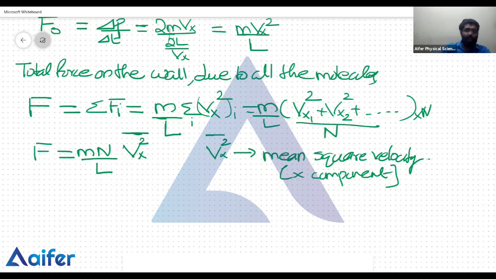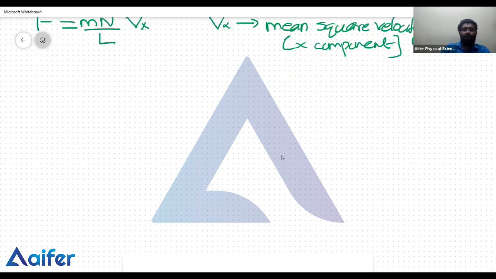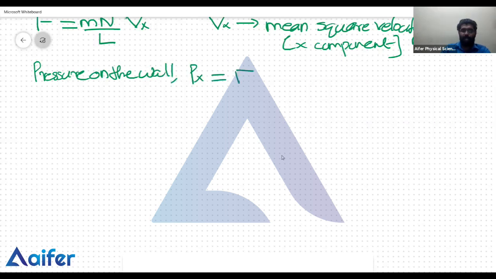Now we are ready with the pressure. Pressure on the wall, Px, will be the force exerted, which we have already calculated, Fx, divided by the area of the wall. Fx is mn by L into Vx square mean.